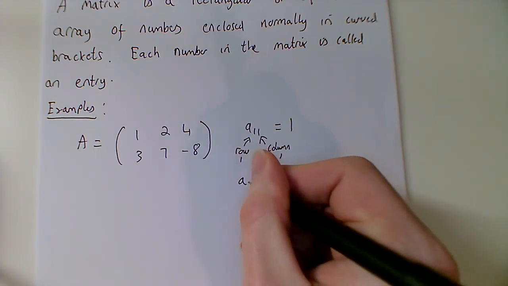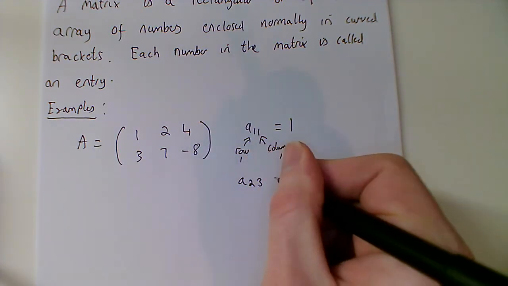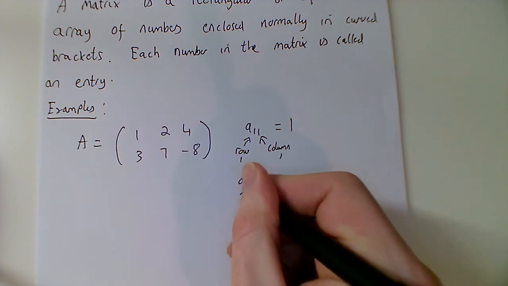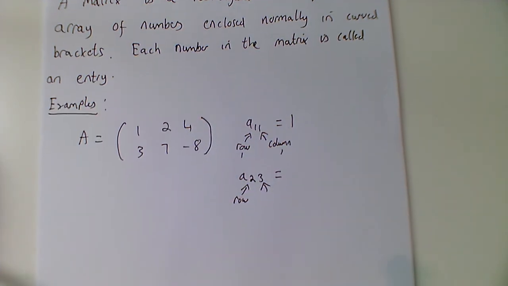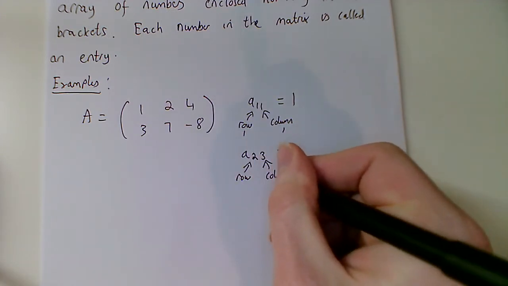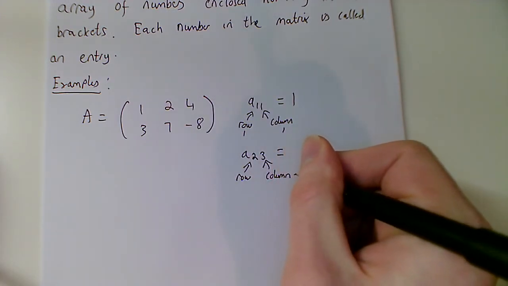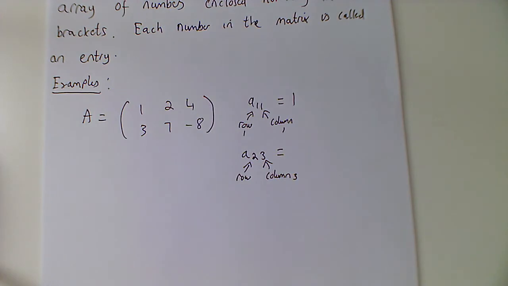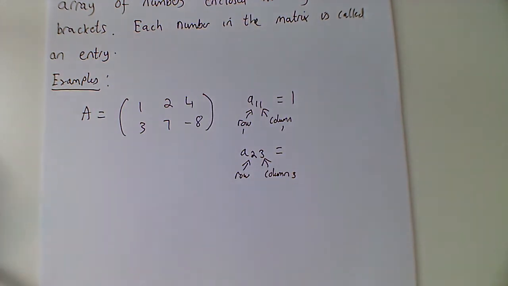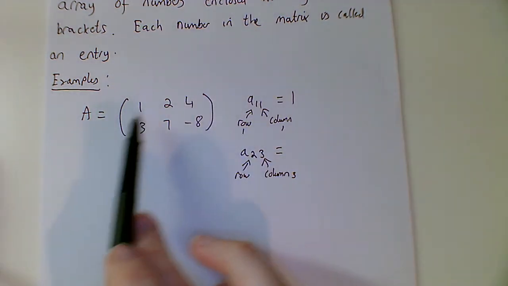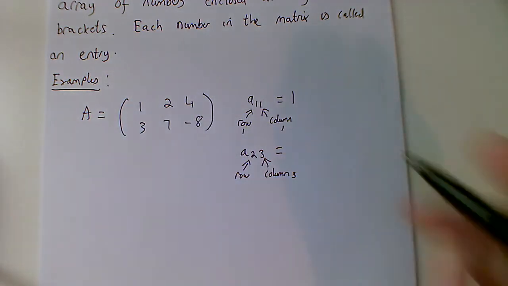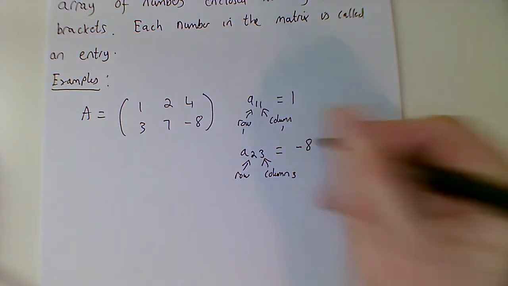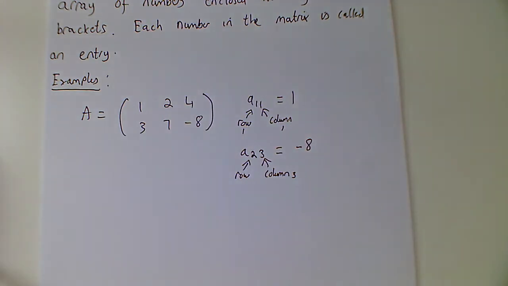Entry A23, so that means row 2, column 3, would be the element, so row 2, column 3 takes us to here, which would be -8.